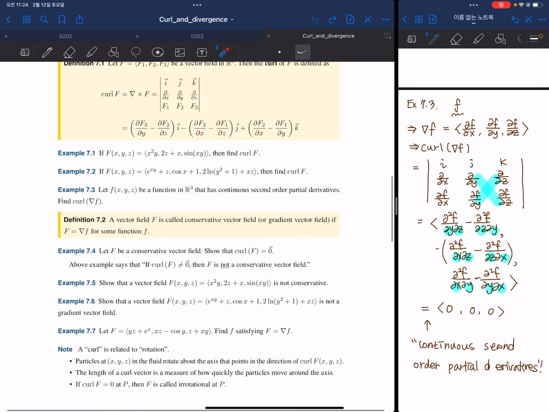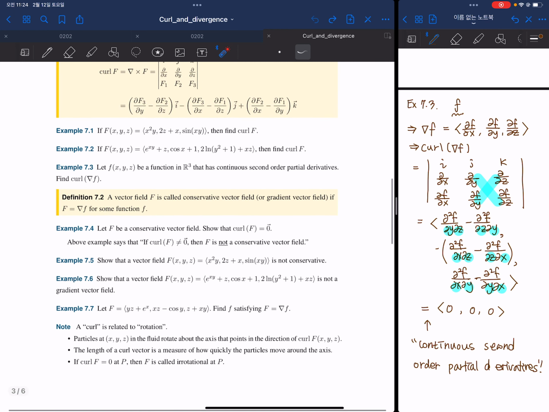So the reason why I introduced this concept is we want to think about this example. Let F be a conservative vector field, then show that the curl of F is 0.